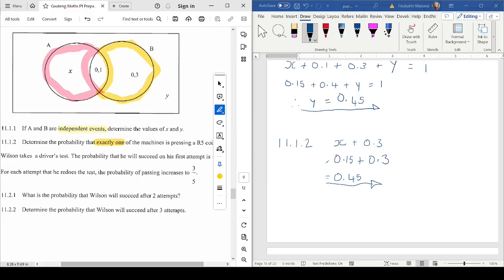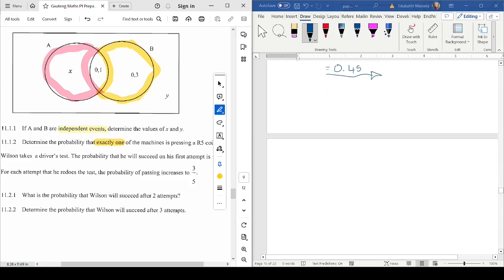Now, once again, you need to read the English and understand the question. We know, or maybe you don't know, that if a test is repeated, or there's repetition in the event, then we employ what we call tree diagrams. That's a clue. If something is repeated, then we use a tree diagram for that probability.